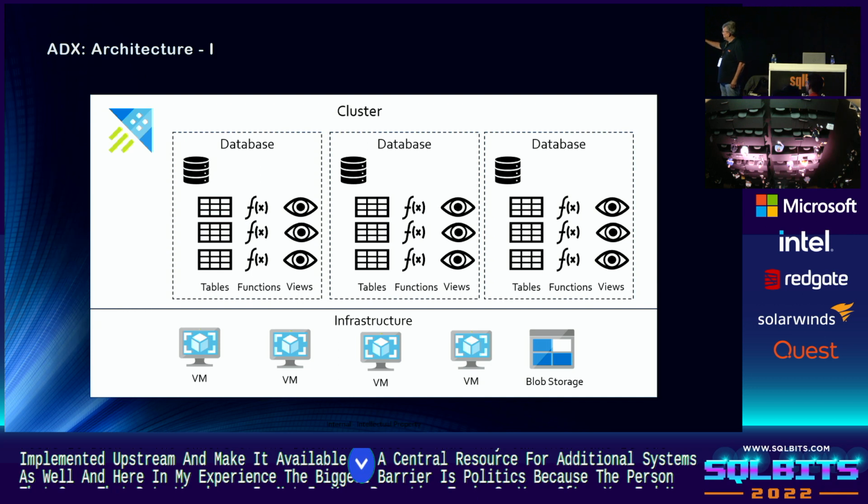Azure Data Explorer runs on VMs, and when you're setting it up, you decide how many you want to start with, and then it can auto-scale. All of this goes down into a storage account, which is created for you.